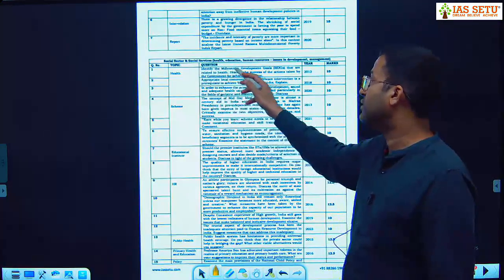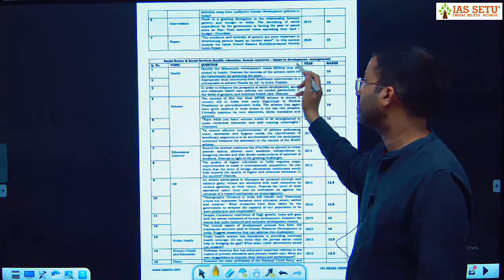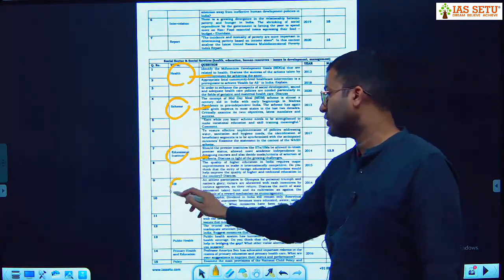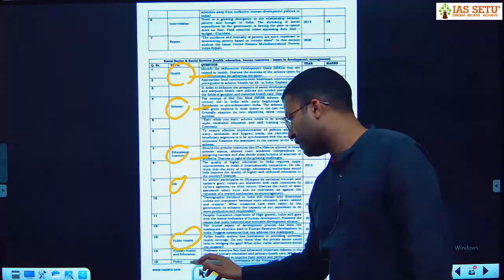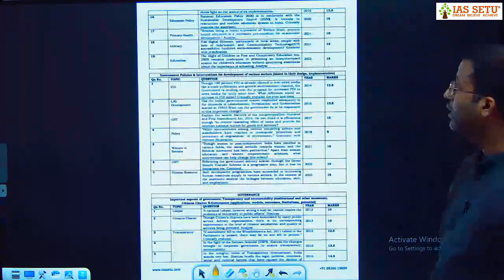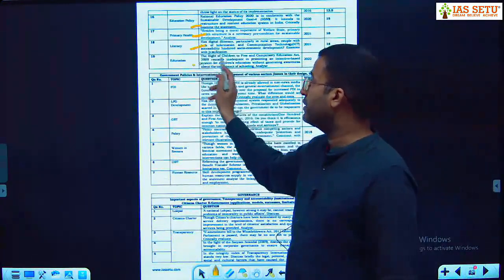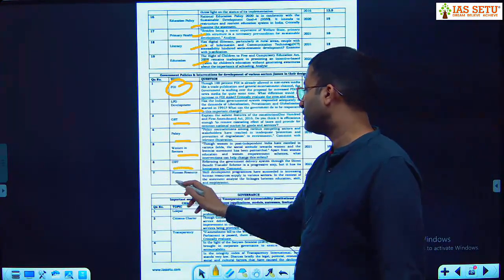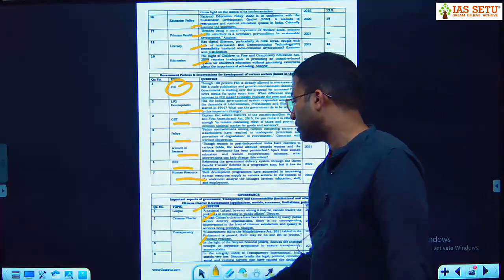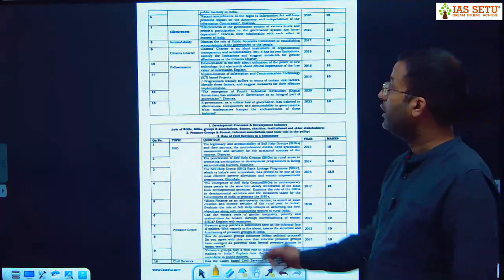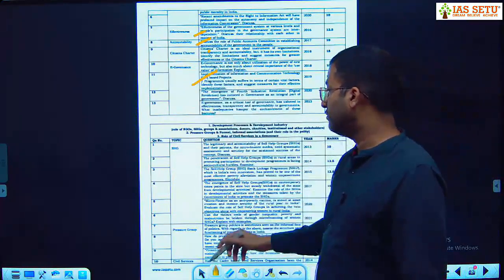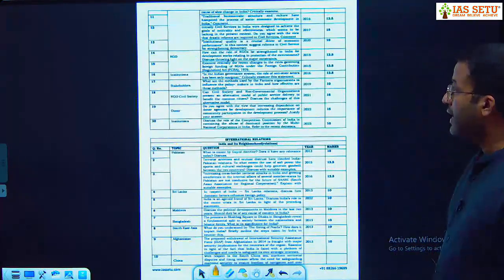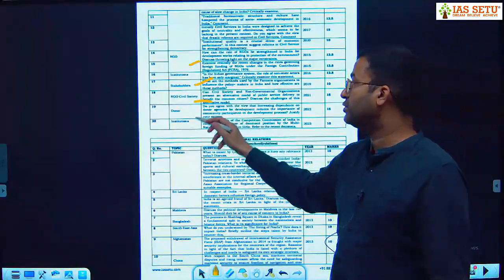Then social sector and social services: health, education, human resource, issues in development. When have questions been asked related to health, schemes, educational institutions, HR, public health, primary health and education policy; literacy, FDI, LPG, GST policy, women in sector, human resource, Lokpal, citizen charter, transparency, effectiveness, accountability, e-governance, self-help group, pressure group, civil services, NGO, institution, stakeholder, civil society.